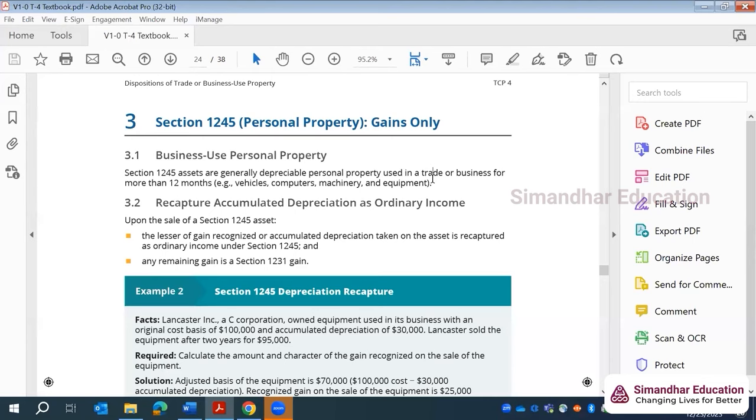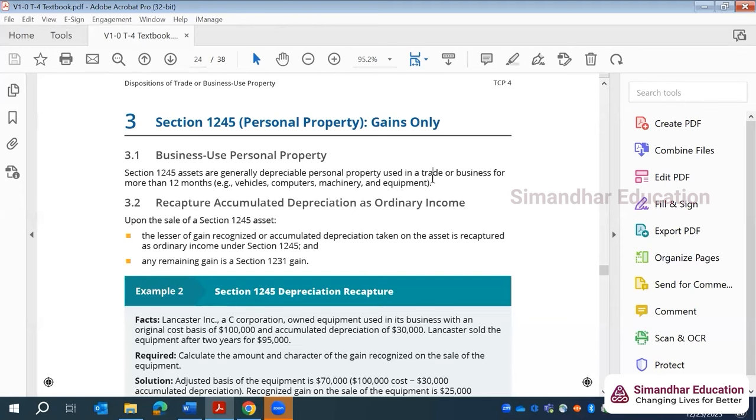So let's say for example, you bought a car of $10,000, which you're using in your ordinary trade or business. You have taken an accumulated depreciation of $5,000 on that car, and your adjusted basis in that car is now $5,000.